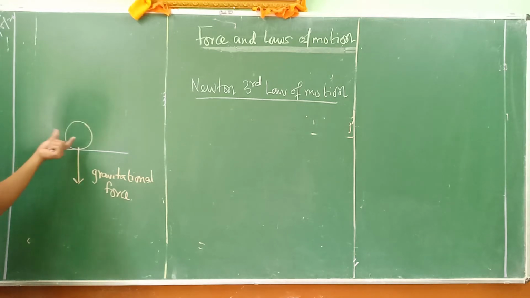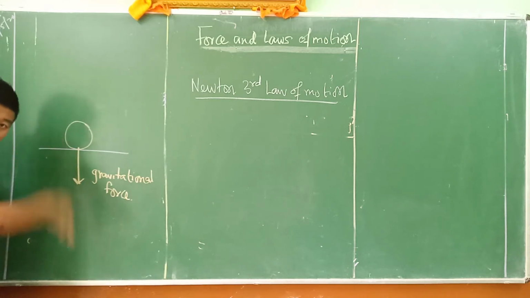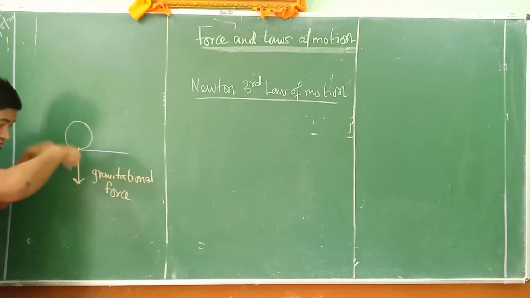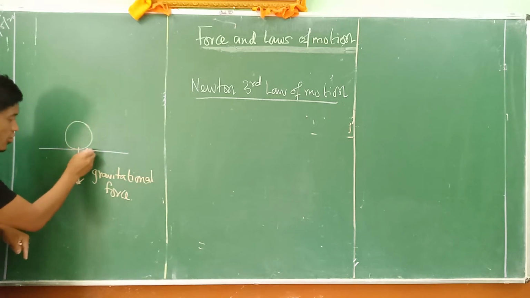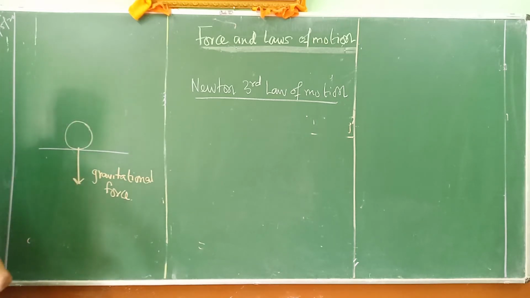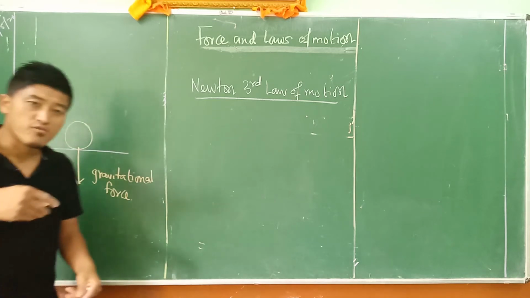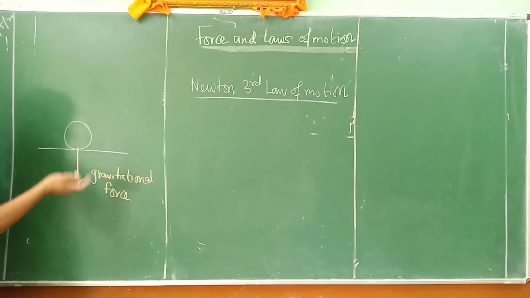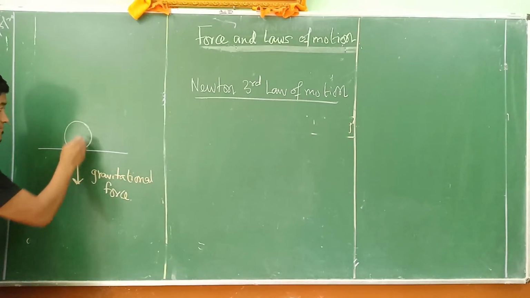Now, if this ball has only the gravitational force, the direction of the gravitational force is always downward, so we should expect that this ball will move down, or maybe in the form of a slope, it will move down into the soil. That means gravitational force is always acting downward, right? But there is another kind of force exerted by the ground itself.